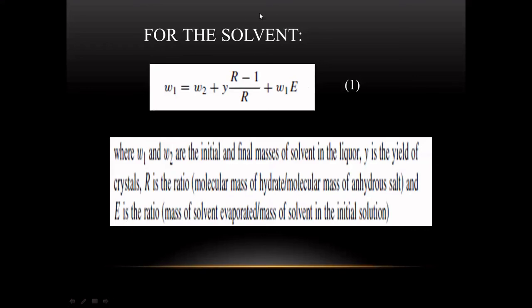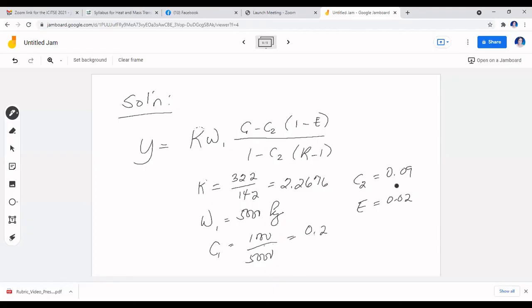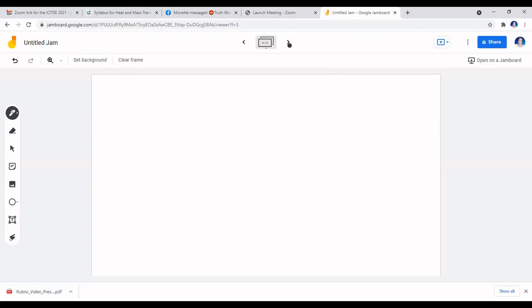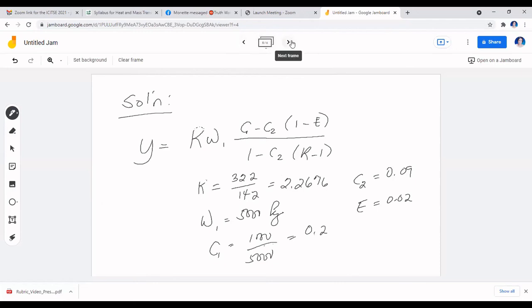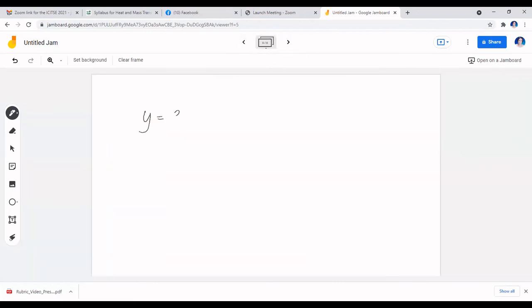Okay, so we go back to our board and substitute everything. Everything is in here already. All you have to do is substitute. So Y upon substitution would be: R is 2.27, multiplied with W1, which is 5,000.